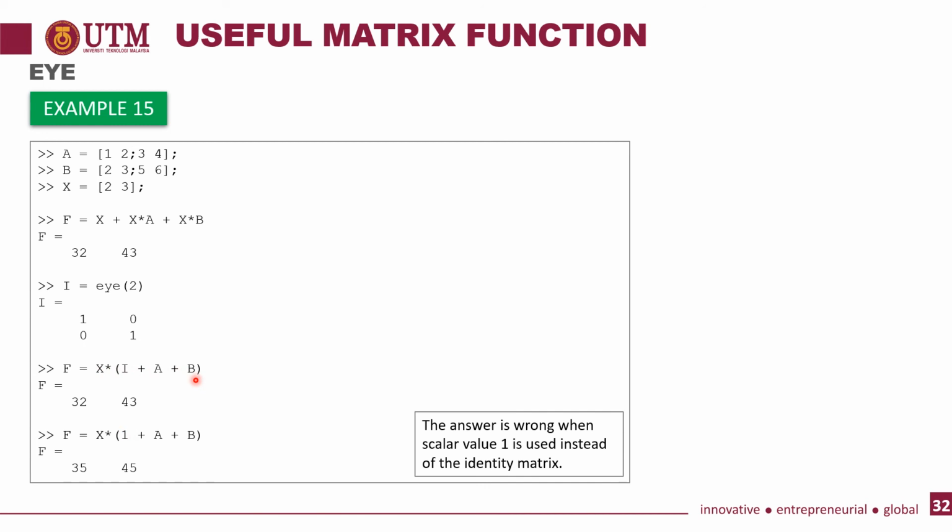The matrix has a size, so you must put the identity matrix. You cannot put only 1. Logically x multiplied by 1 is x, right? But that is not the case in matrix. So you must put an identity matrix when you use matrices in your equations.